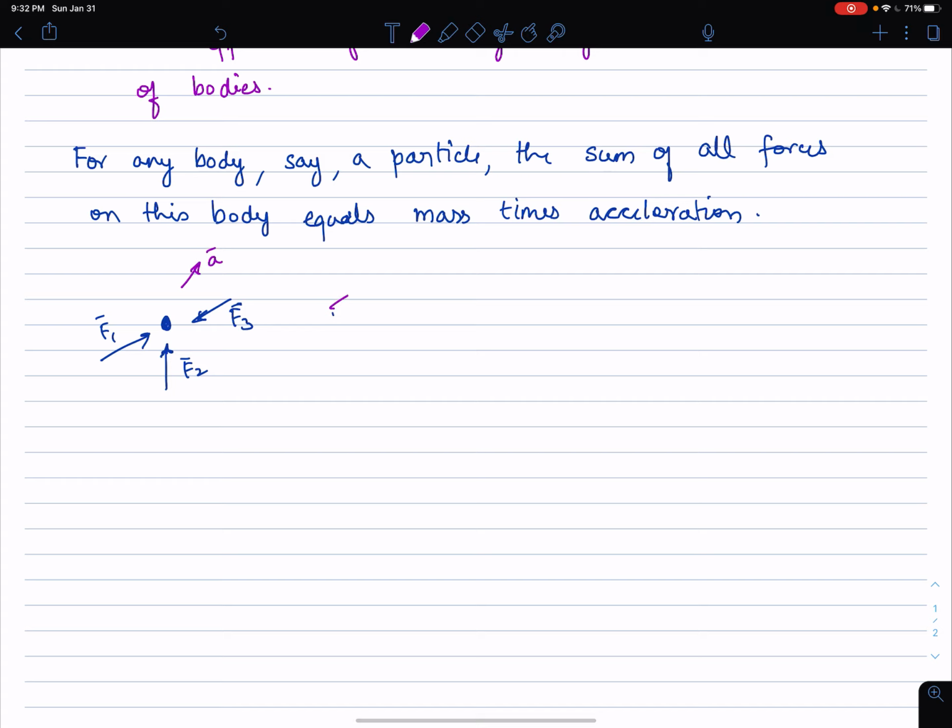Then the sum of all forces, this means sum of all forces, equals mass m times acceleration a of the body.